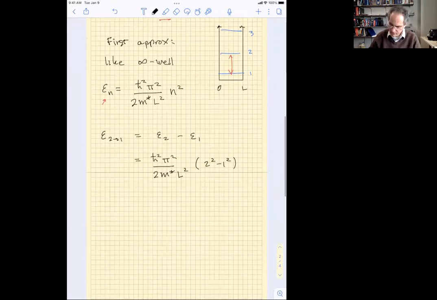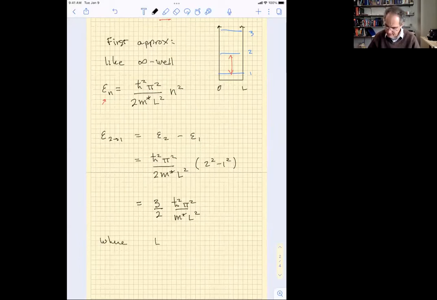Okay, and of course, this is a simple problem we've solved before. This is just equal to 4 minus 1, or 3, times 1/2 h bar squared pi squared over m star L squared. Okay, but now let's put in numbers appropriate for this problem.